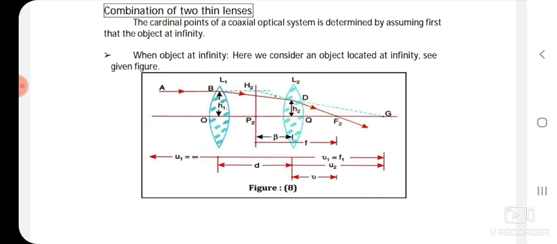When the ray AB is produced forward and DF2 backward, they intersect at a point H2.